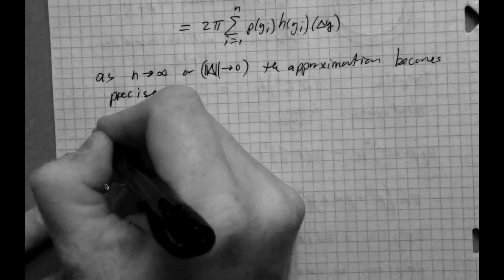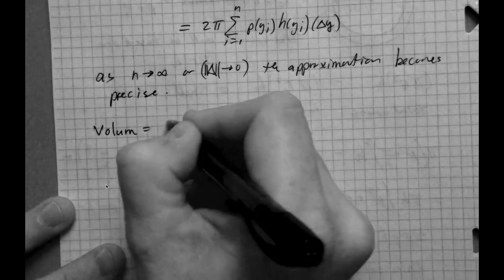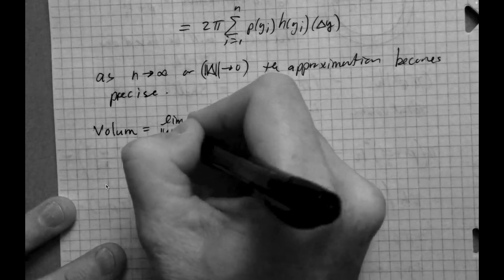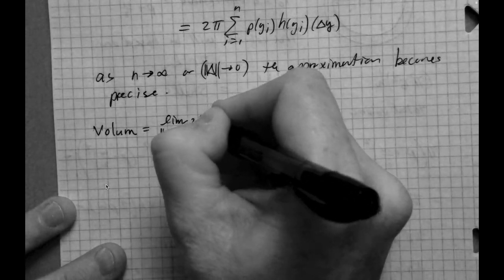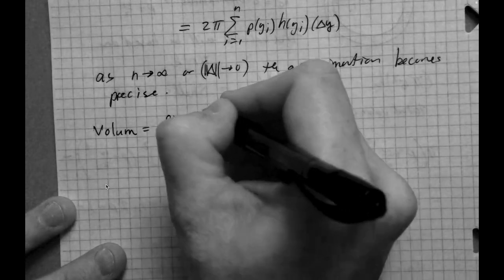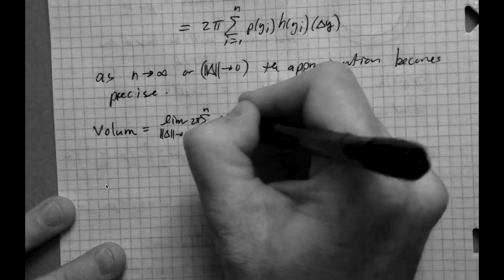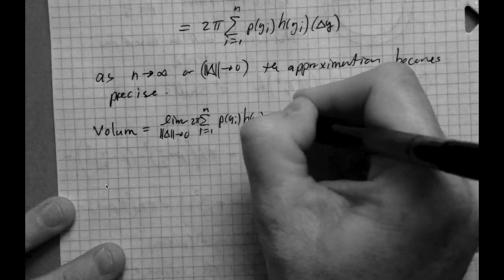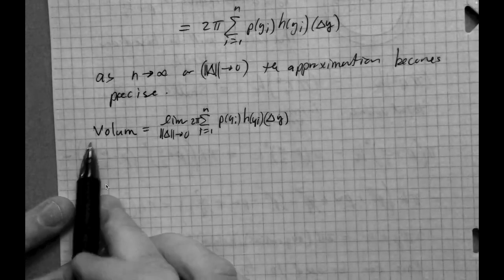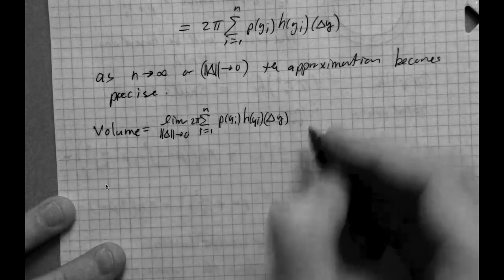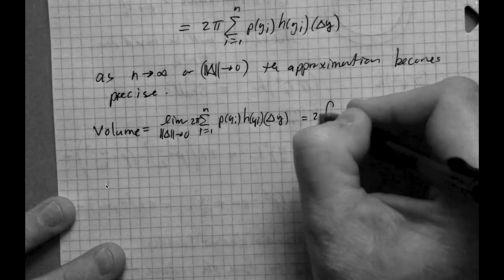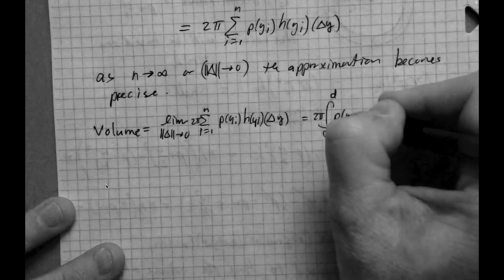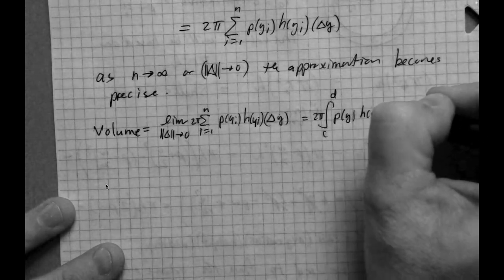And so what we would say then is that the volume is equal to the limit as the norm of the partition goes to 0 of the sum, don't forget the 2 pi in there, i equals 1 to n of p of yi, h of yi, delta y. Which is 2 pi times the integral from c to d of p of y, h of y, dy.